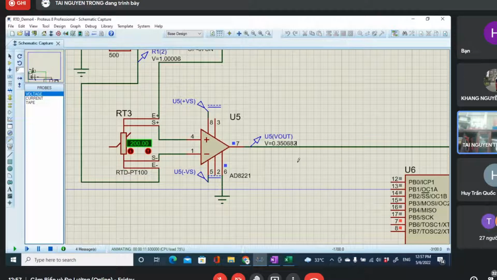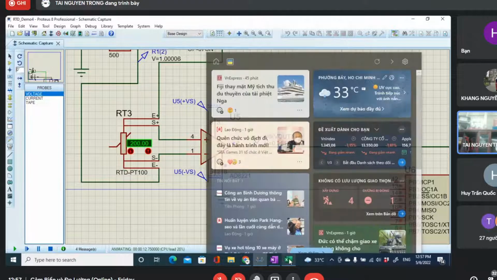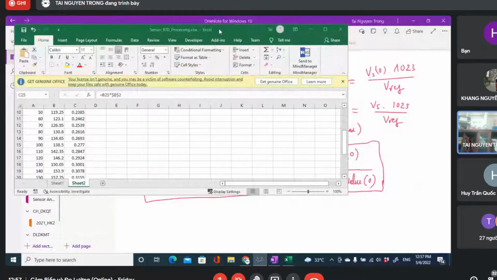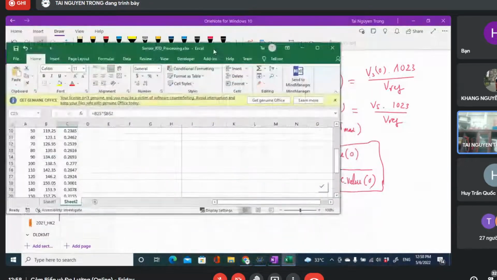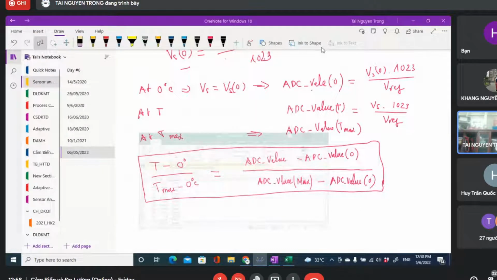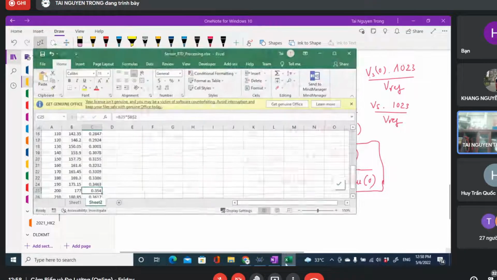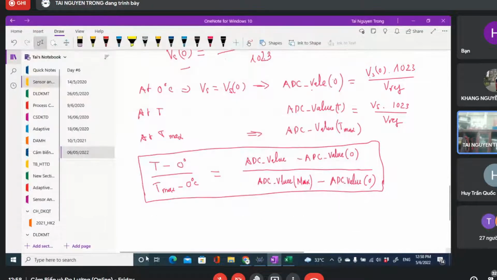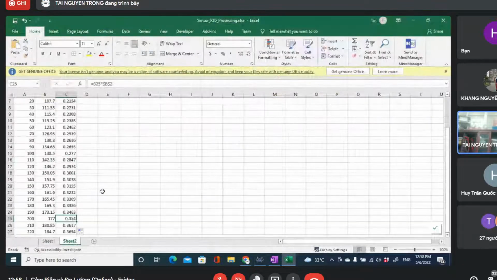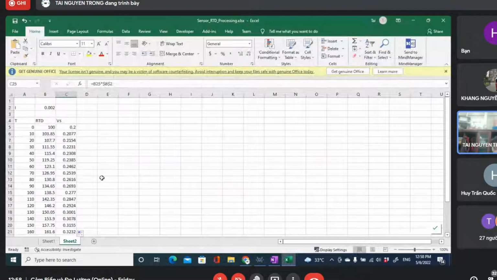Okay, this is the value, and here is the result. It should be the same. Okay, and as you can see, we have a maximum and minimum value. Okay, and then we can take the calculation directly.